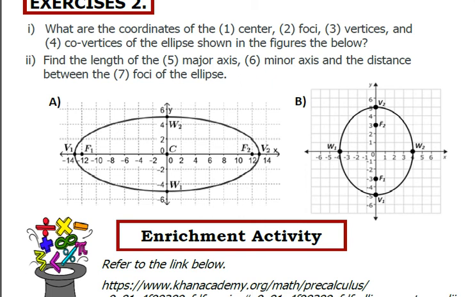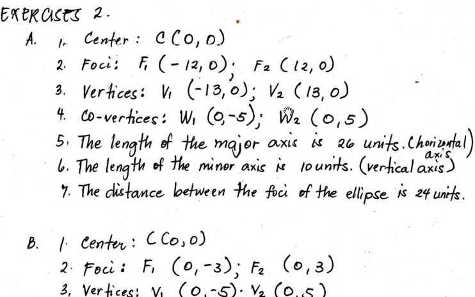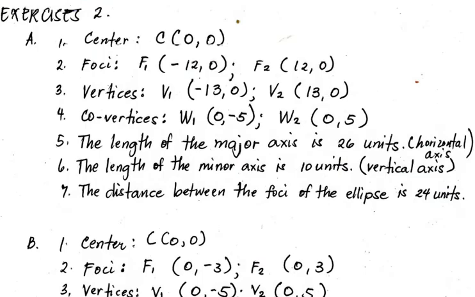Let me show you first the solution for exercise 2. V1 has coordinates -14, 0, and V2 has coordinates 14, 0.